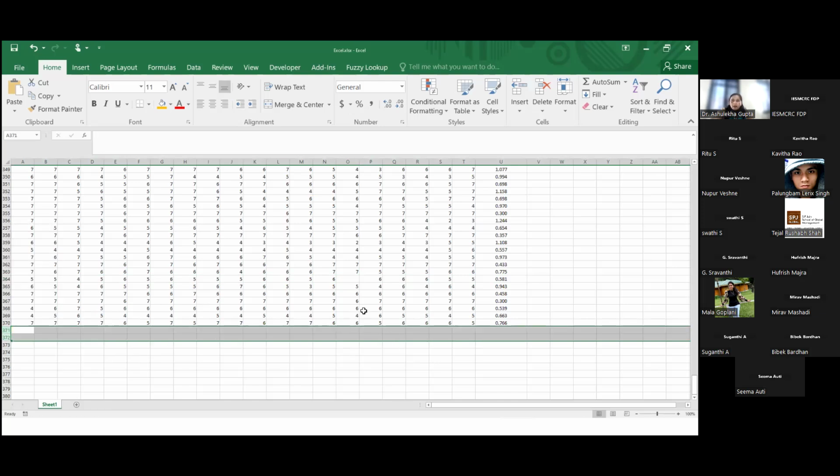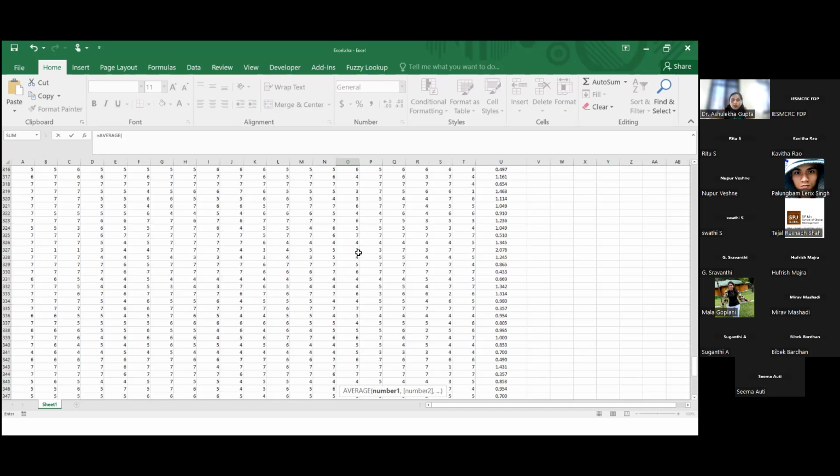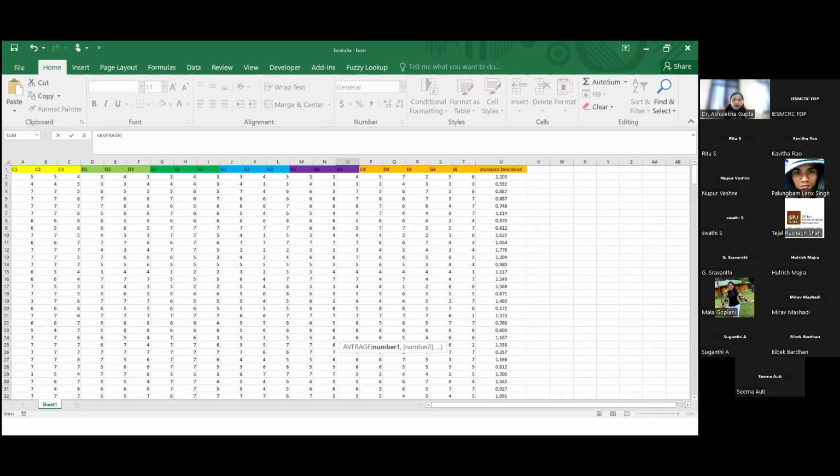I'm deleting them. After that, what I'm doing here is simply taking the average. I have put average here, the average of this column, column O, of all the values.